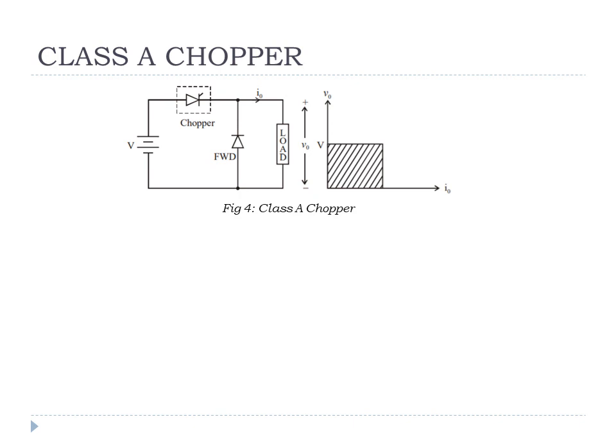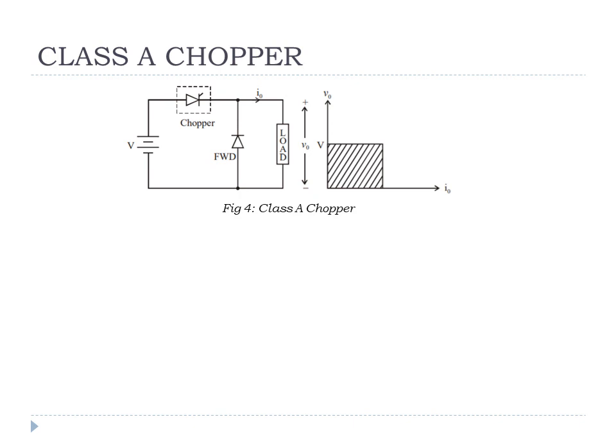Here we call it the first quadrant operation because we are taking a convention that if the positive terminal of the load is the upper terminal and negative is the lower terminal, the voltage we will take as positive. The current, if it is flowing into the load terminal, we consider as positive.